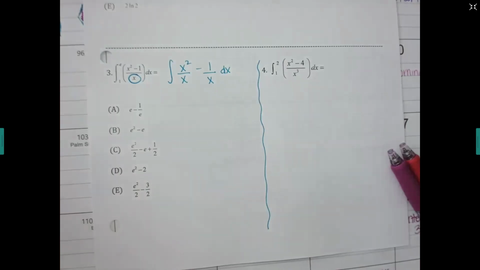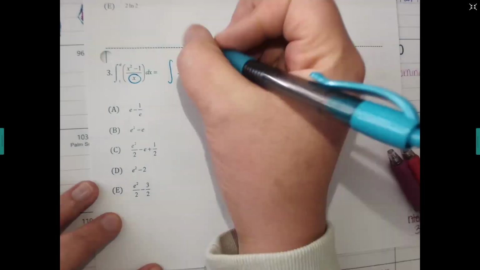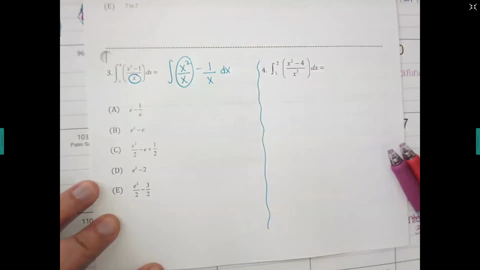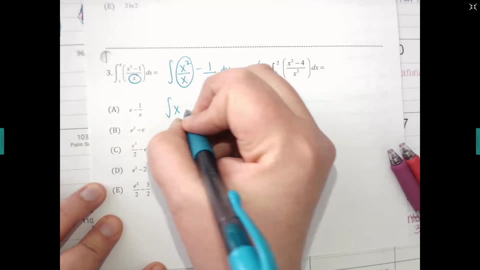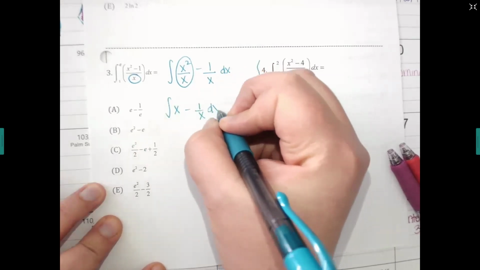Basically you're thinking about that divide by x as a common denominator, and then you want to see what you can reduce. If I have an x squared divided by an x, that's the same as x. So this is just x minus 1 over x.